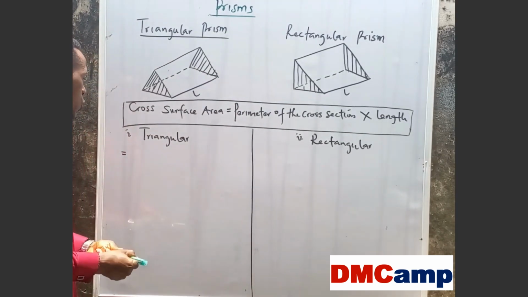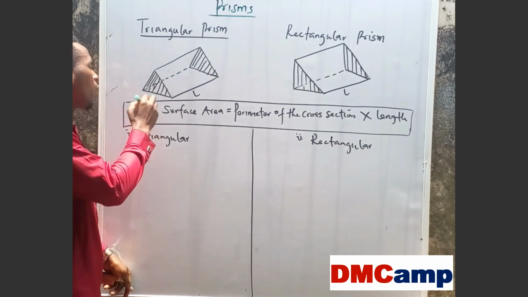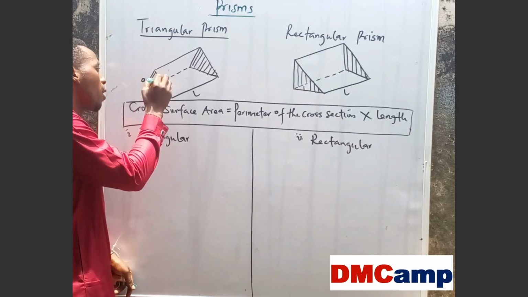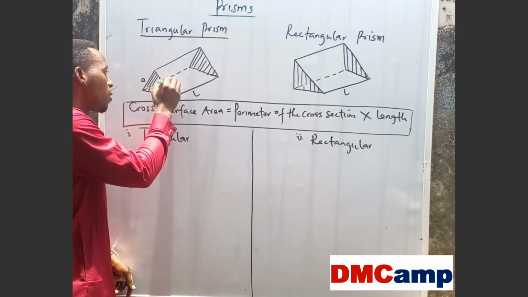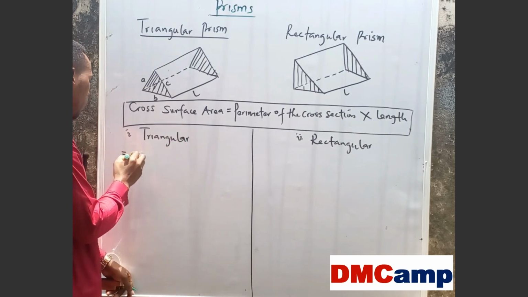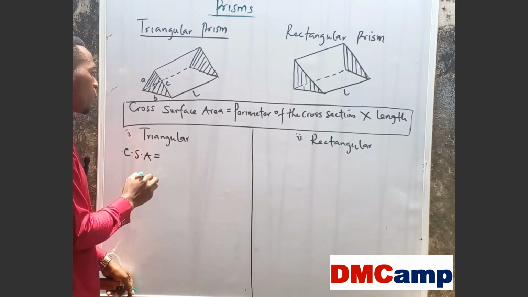So let's see the first one, the triangular. Now here, let's call this A, call this B, and this C, and we want to get the cross surface area. Now we need the perimeter.